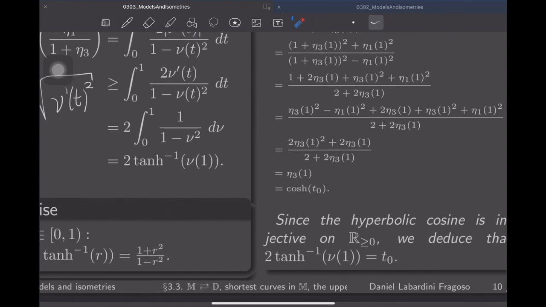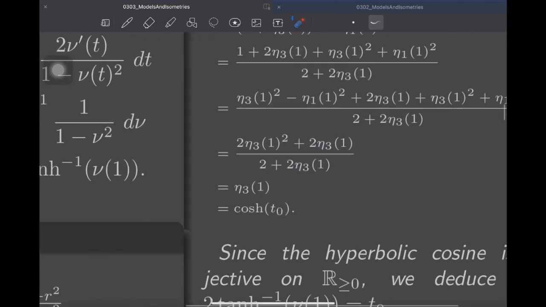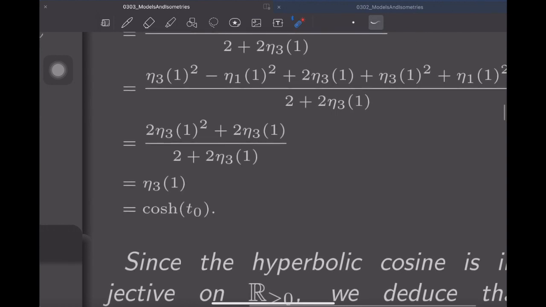Right, and then here you see I can take eta 3 of 1 as a common factor, and then I get a cancellation, and then the common factor survives. Right? I mean, when I take eta 3 as a common factor, I obtain eta 3 of 1 as the common factor times precisely this. So that, yeah.